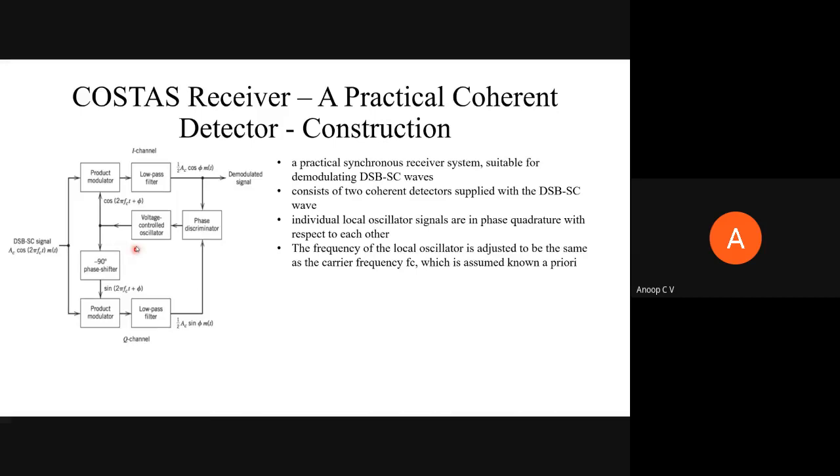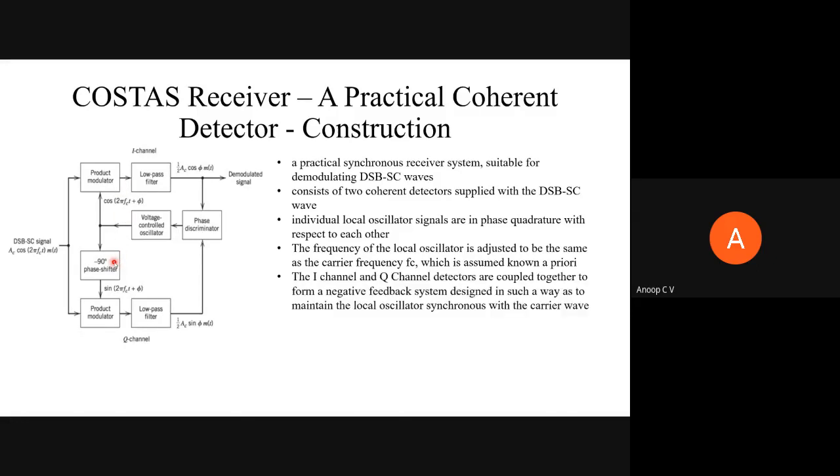That is obvious, because in something like AM radio the carrier frequency is a fixed value, so you can design an oscillator that produces that particular frequency. That is not a big deal.